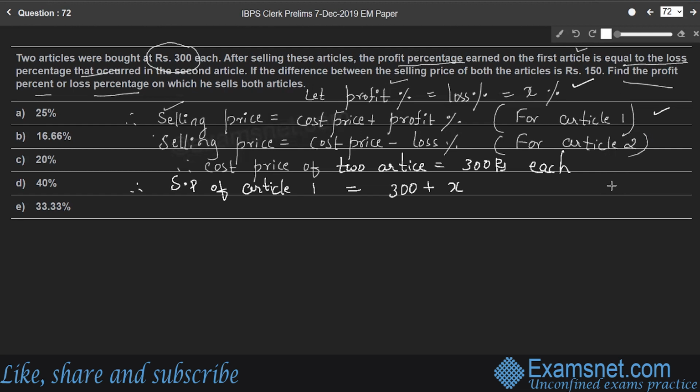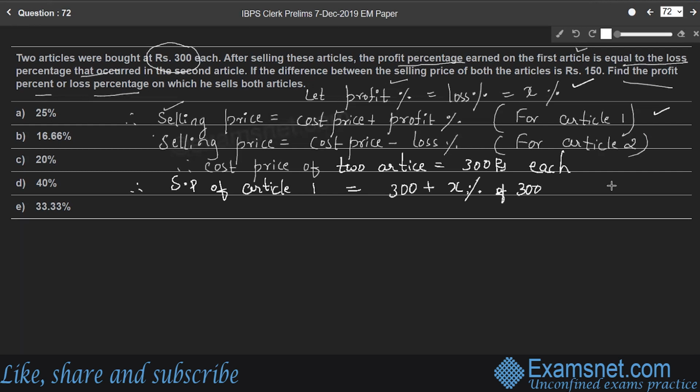300 plus X percentage of what? X percentage of 300, right? Here profit percentage means X percentage on cost price. Therefore, it is X percentage of 300.